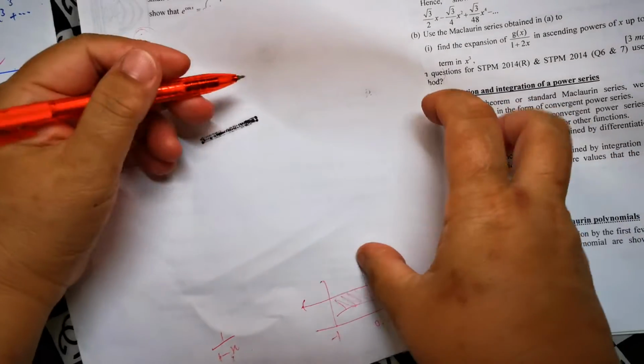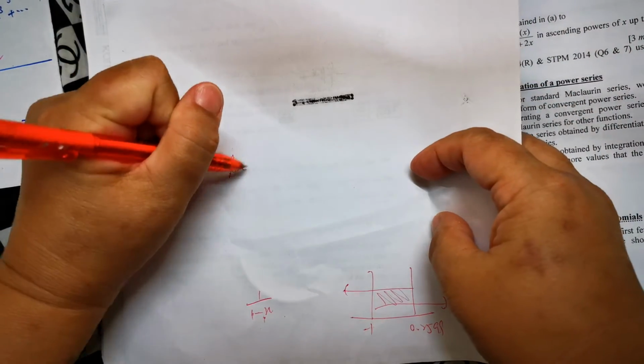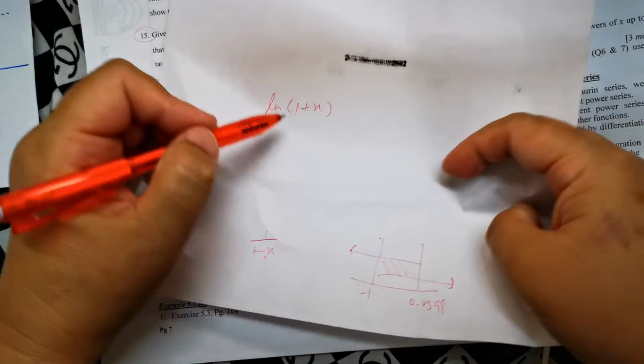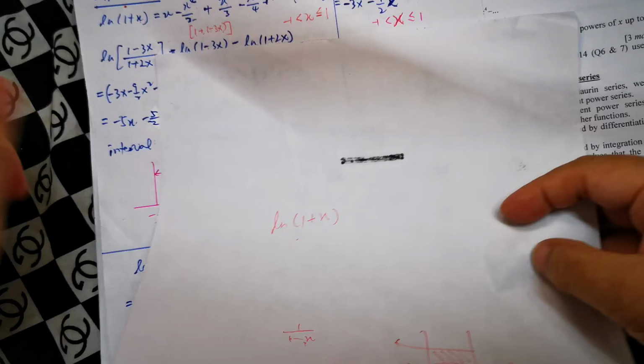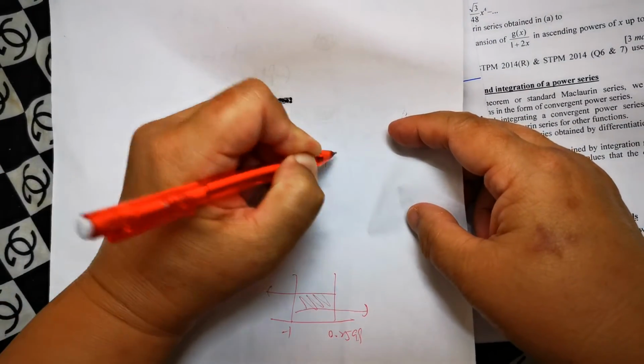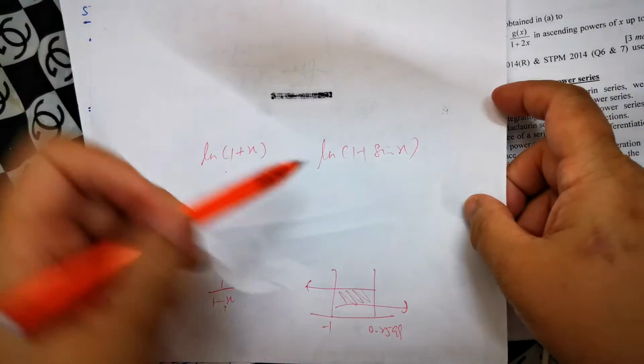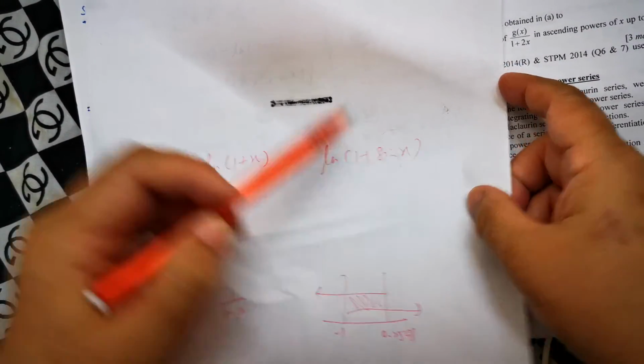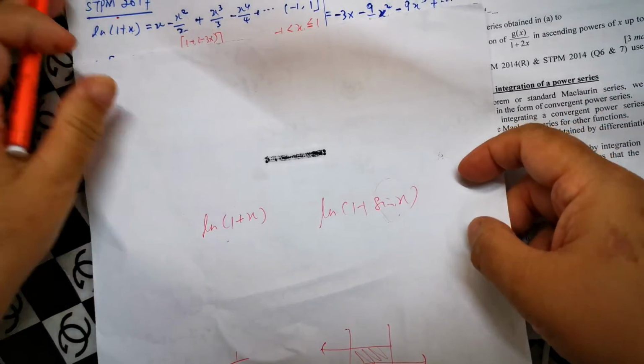Means you are going to use the standard Maclaurin series of ln(1 + x) to solve ln(1 + sin x). Means you are going to sub sin x into here.